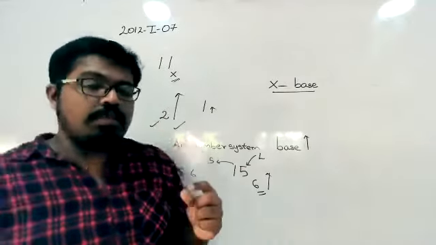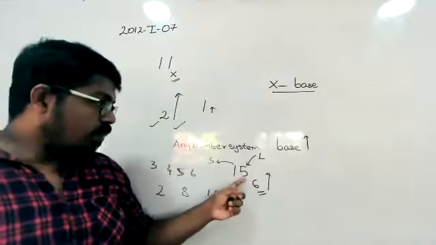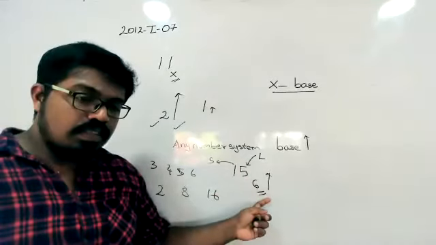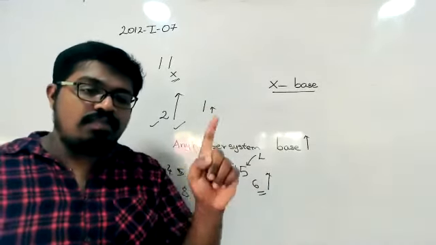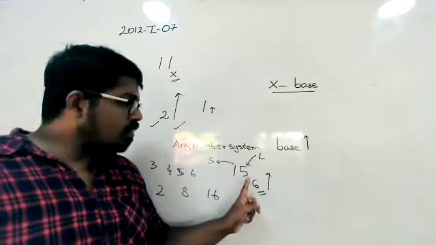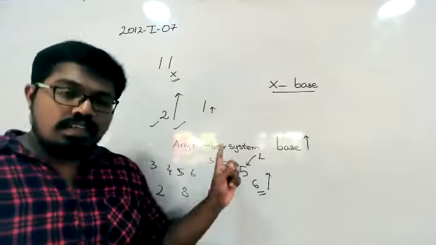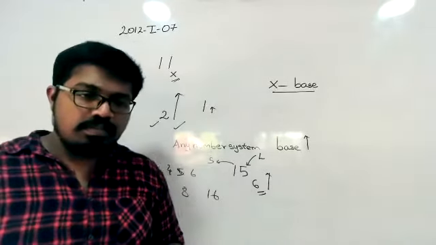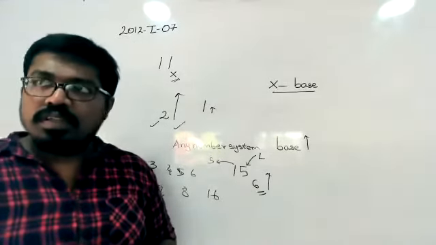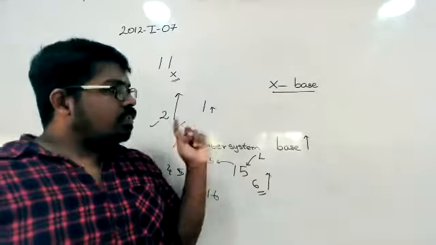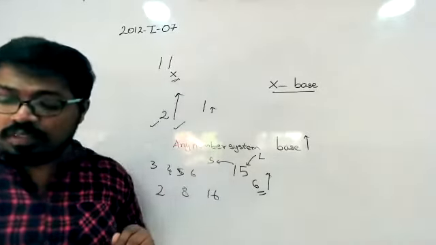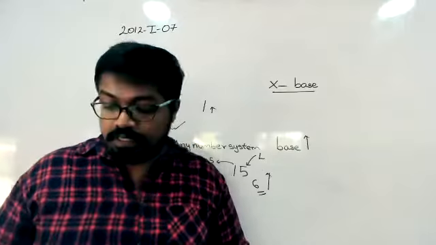So always remember this: the base must be at least 1 greater than the largest number in the given number. That is the theoretical thing for you, and the end of question number 7.